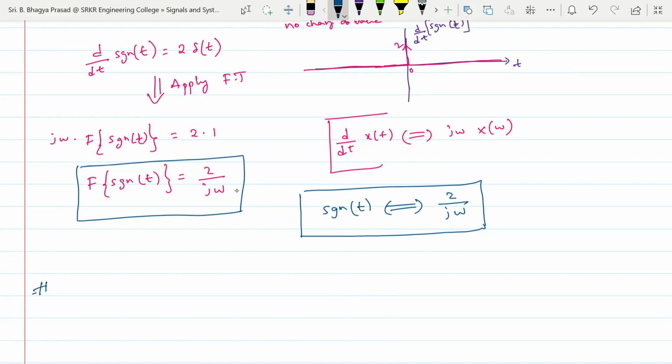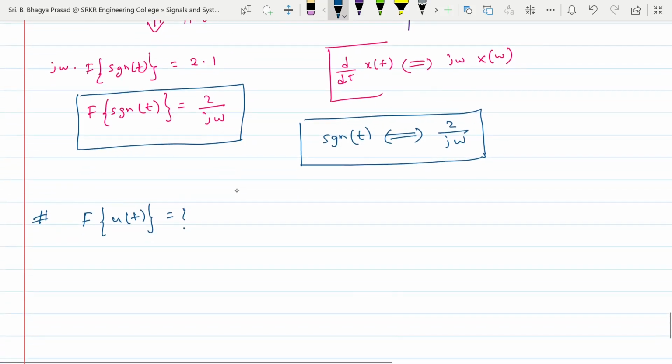So let us now see how to compute the Fourier transform of u of t. I represent u of t with the help of the signum function as 1 by 2 times (1 plus sgn of t).